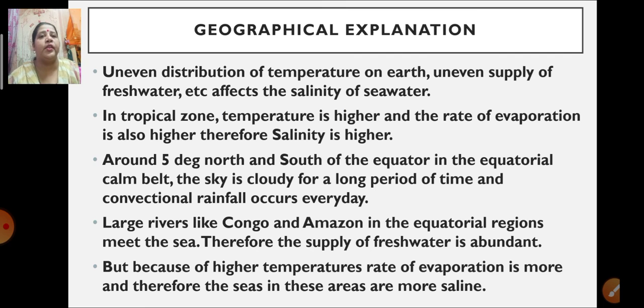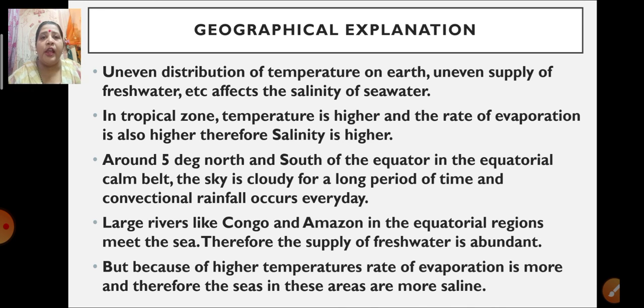Next, we are going to learn about the various factors which affect the salinity of seawater. Let's have a geographical explanation. As you all know, temperature on the earth's surface is uneven. We have already learned about temperature in our previous classes. Near the equator the temperature is very high because of the perpendicular rays of the sun.